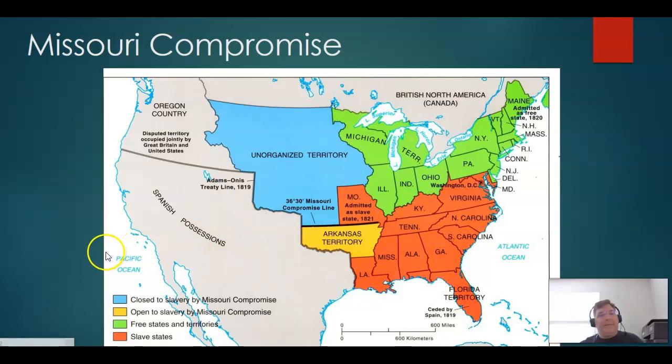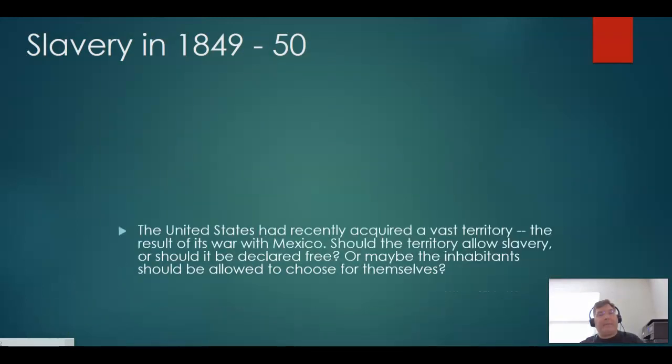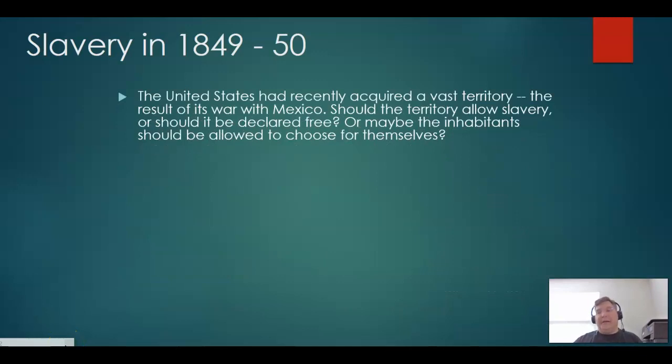Okay? And that brings us then to the 1840s. Remember, because of the war with Mexico, the Mexican-American War, we get California and the Southwest. And so, what to do with all of that territory?